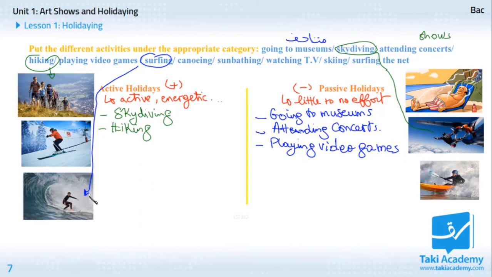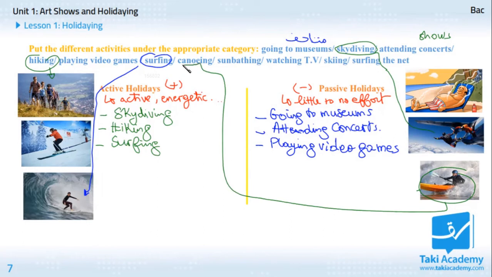Surfing is a kind of sport, so yes, it is active. Then we have canoeing. What is canoeing? So here, the boy right here is canoeing. Okay, the boy is canoeing. All right, and canoeing is active.